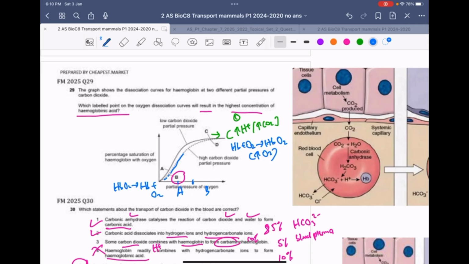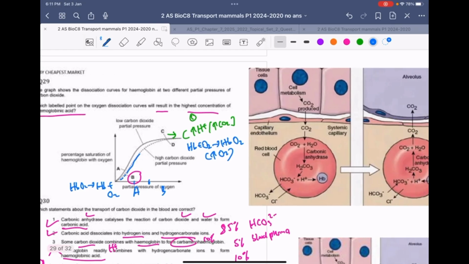So how do we get the highest concentration of hemoglobinic acid? Hemoglobinic acid is formed when carbon dioxide combines with water, and the carbonic acid dissociates. After dissociation, the carbonic acid produces hydrogen carbonate ions and also hydrogen ions. These hydrogen ions will combine with the hemoglobin to form hemoglobinic acid.